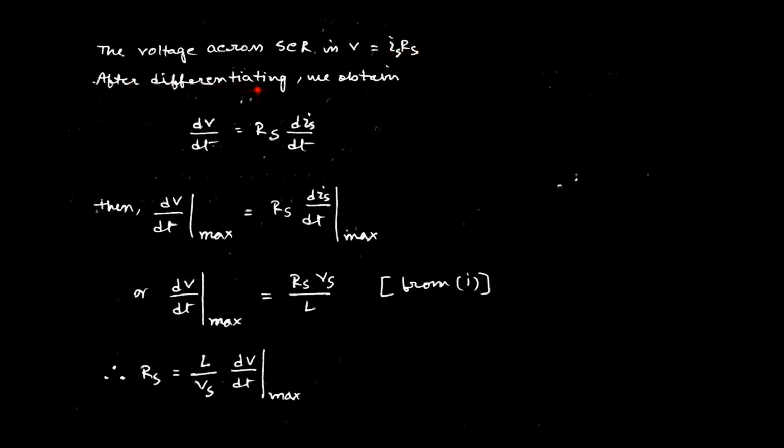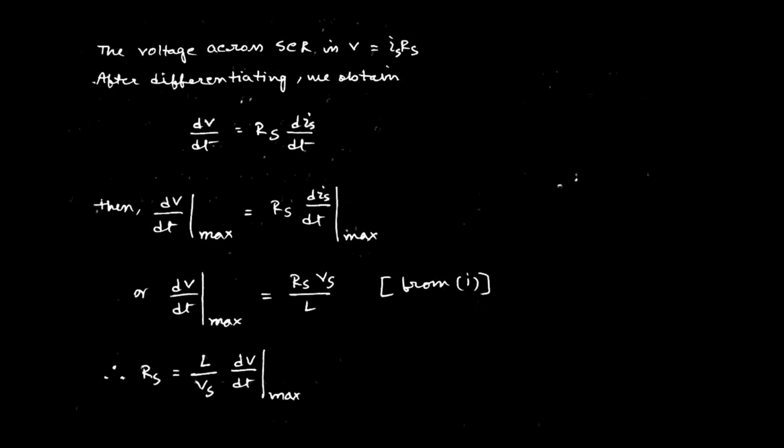After differentiating, we obtain dV/dt equal to Rs into dIs/dt, and to achieve the maximum value, dV/dt max, the snubber current will be maximum, that is why Rs into dIs/dt max. So if the voltage is maximum, then it will provide the maximum current. That is why we can write this expression in this way.